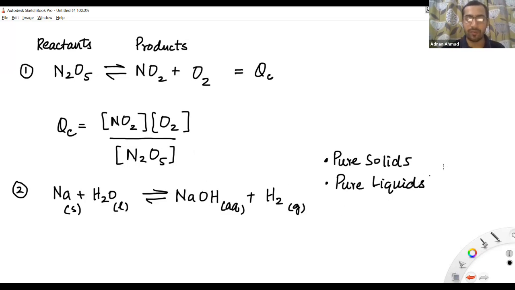This is a pure solid, so we will not include it in our quotient. This is a pure liquid, so it will also not be included. So what will our quotient be? QC for this reaction will be equal to just NaOH times H2.